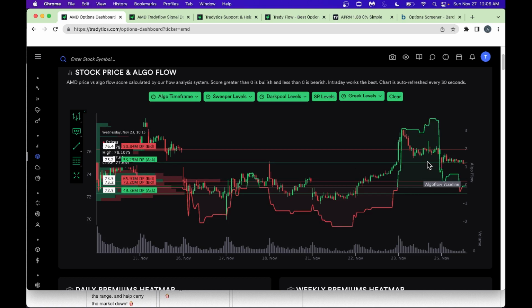That's acting as a good support level here. And then you got a bearish dark pool at 76.4. So that could be a resistance level for this stock here. And there's a great dark pool support again below at 72. That's what's going on here. And you could also look at support resistance levels, Greek levels, and so on and so forth.